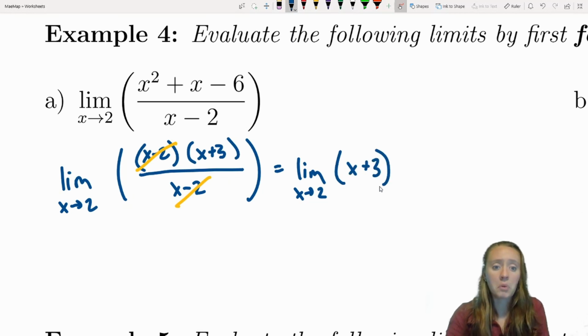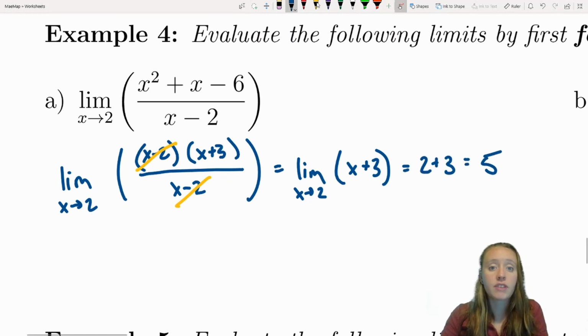What's this? Well, it's just a simple linear function, or a polynomial to a first degree. We can just plug 2 right on in. So this will be 2 plus 3, which equals 5.